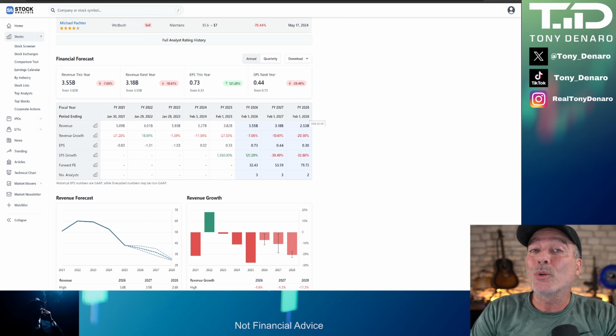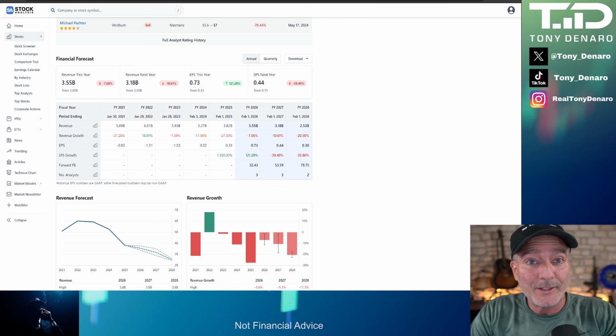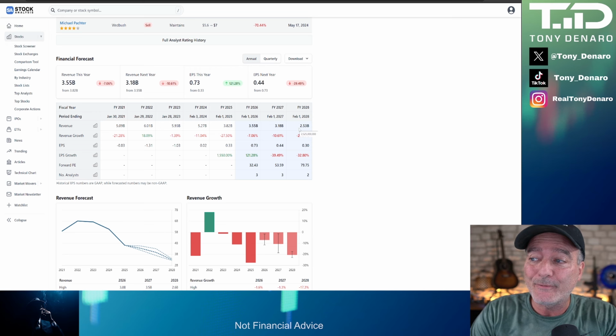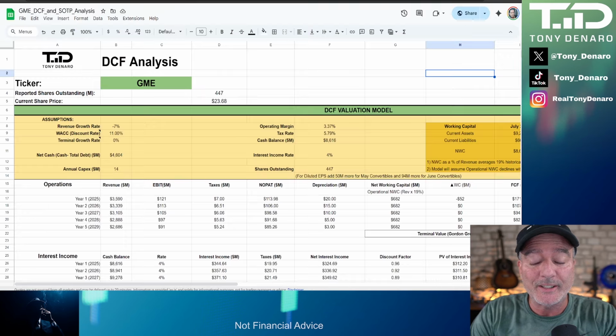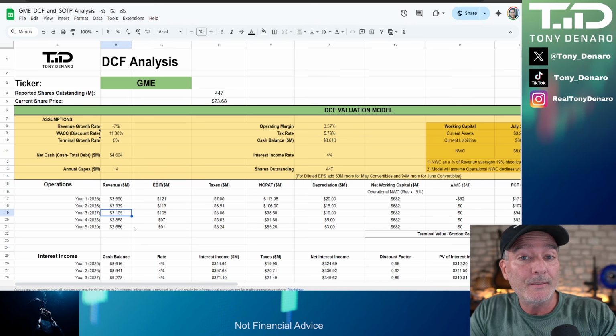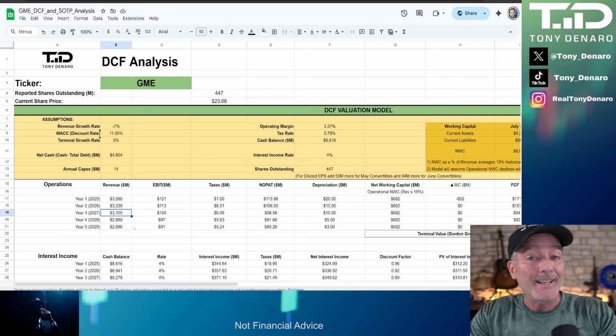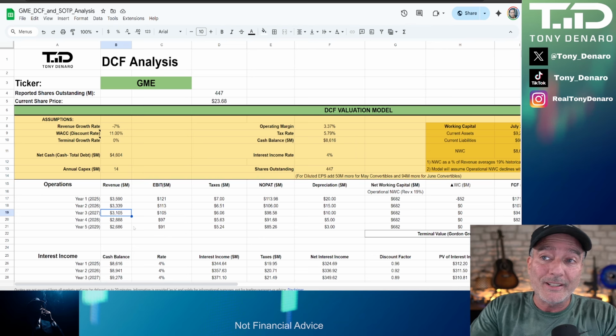That is fiscal year 2028, which is calendar year 2027. And when we look at my model, compare Michael Pachter's $2.5 billion revenue expectation to what I have for 2027, $3.1 billion.